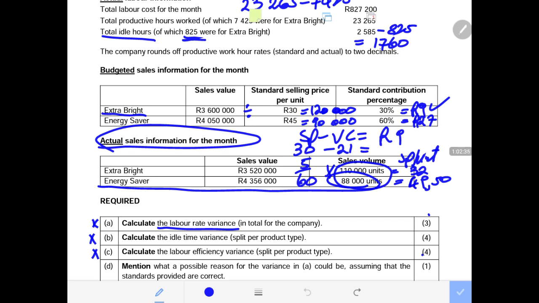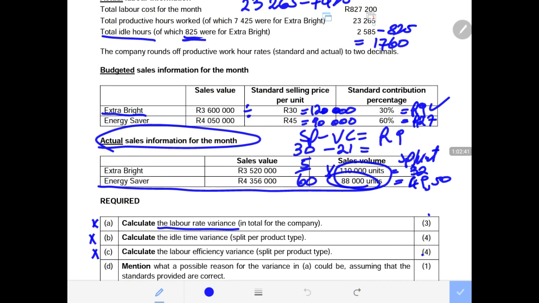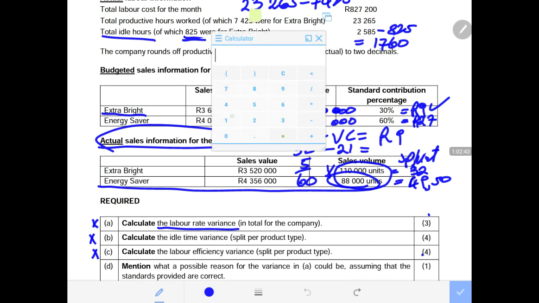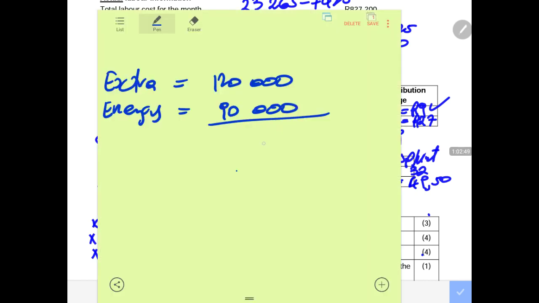Now, if you say 120 plus 90, how much are we going to get out of the two figures? It is 210,000. Then how do we do this actual sales at budgeted proportion?